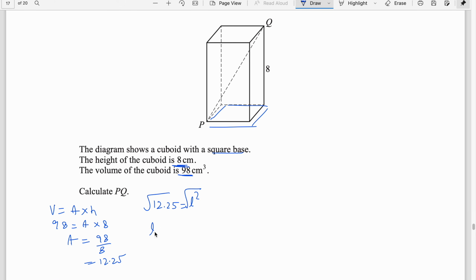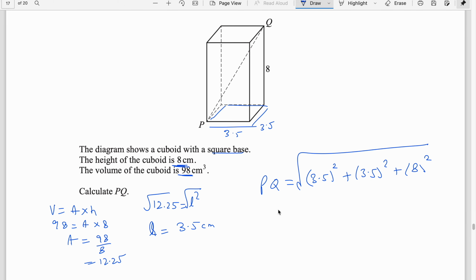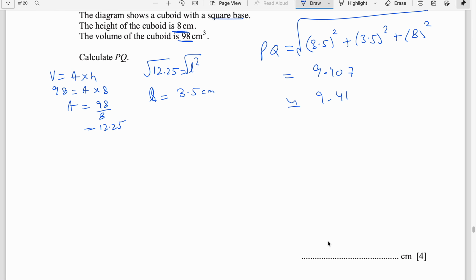Square root both sides, length is equal to 3.5 centimeters. Once you have this length, 3.5, we can find PQ. PQ is equal to the square root of 3.5 squared plus 3.5 squared plus 8 squared, which is 9.407, approximately equal to 9.41 centimeters.